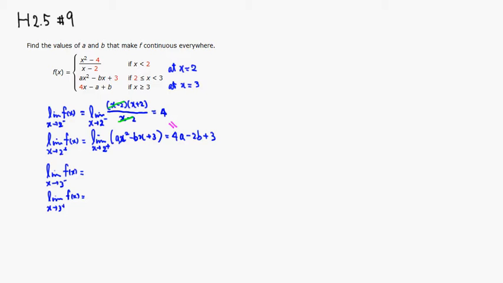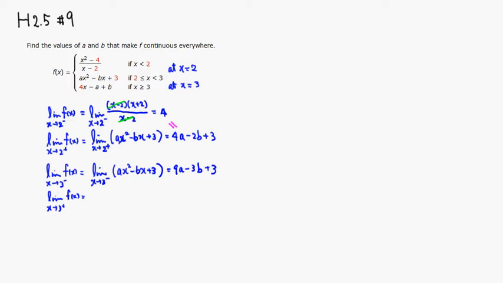So we set them equal to each other. Alright, so let's look at 3. The limit as x approaches 3 from the left is still going to be a parabola, x squared minus bx plus 3. And if x approaches 3, so 3 squared, so 9a minus 3b plus 3.